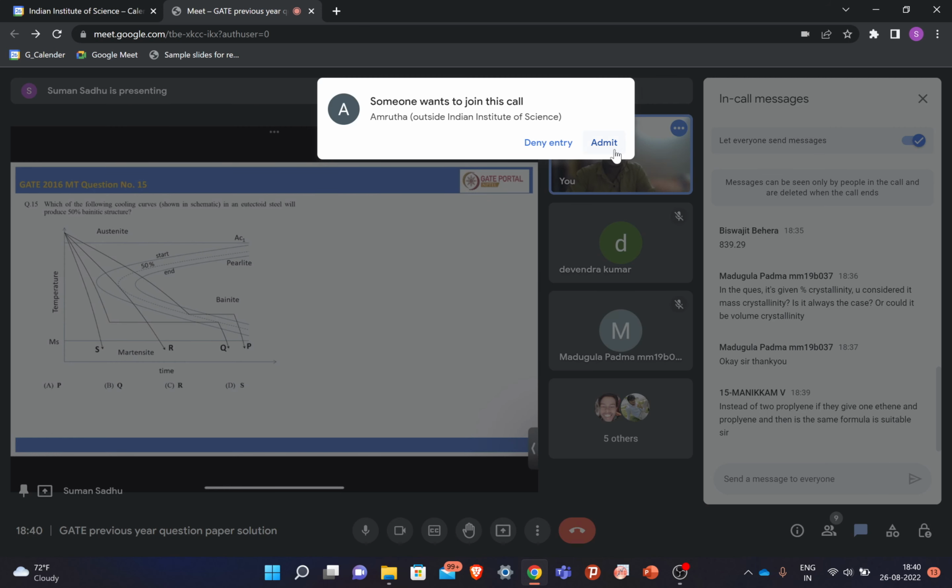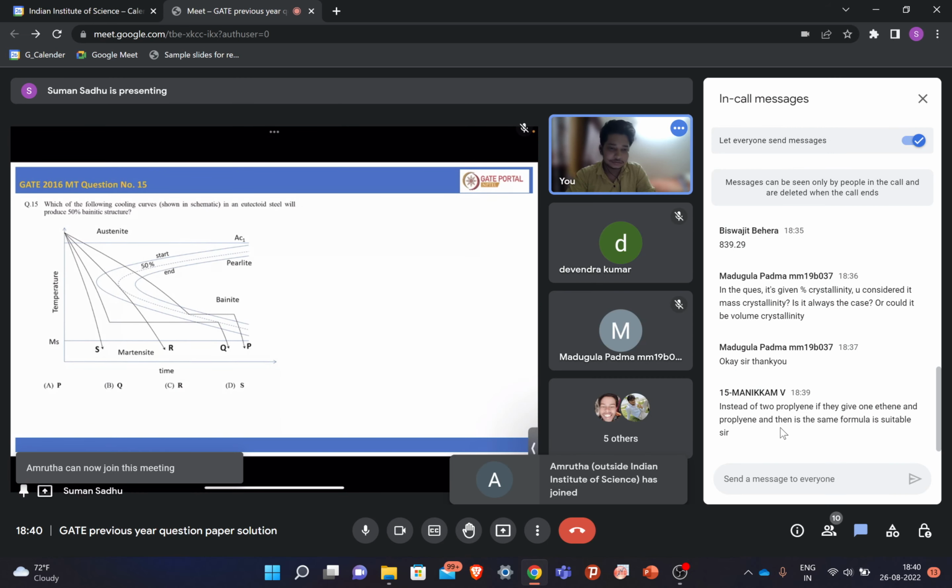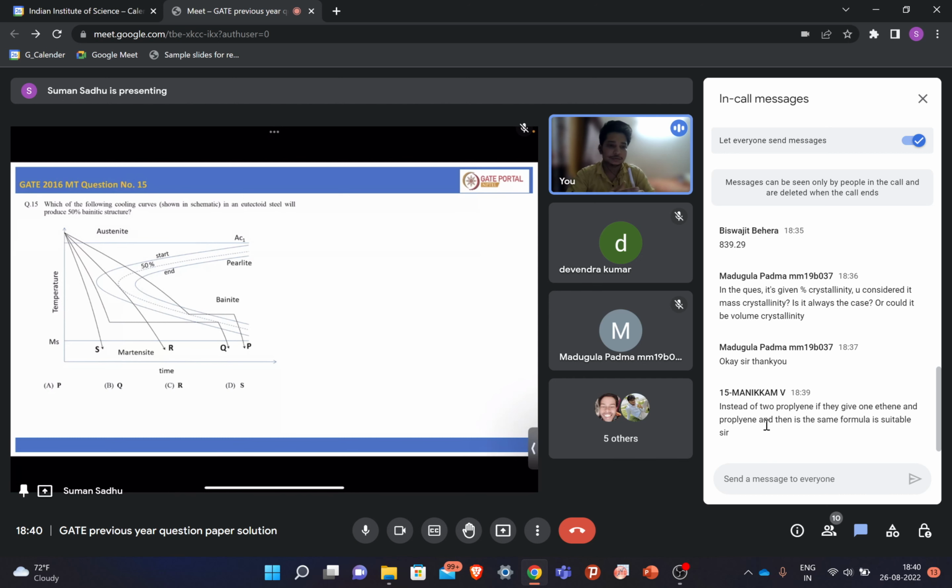This question is kind of different. What you are asking is a mixture of two different polymers, and then how the average density and mass will work. This is different, but it is also a similar thing.